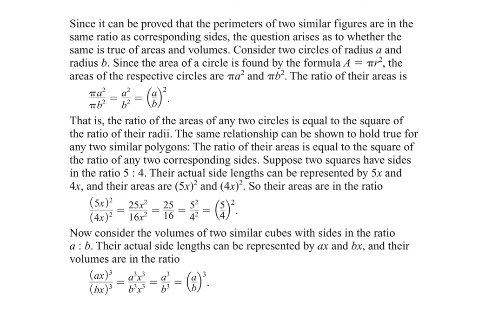Some interesting things happen with similar figures. The perimeters, so your side lengths have this ratio, and we said the perimeters are going to be the same exact ratio. But what happens with your area and your volume is really what happens with the dimensions, okay?